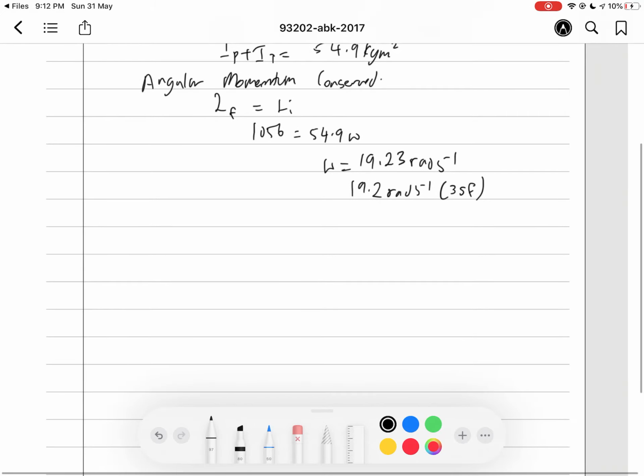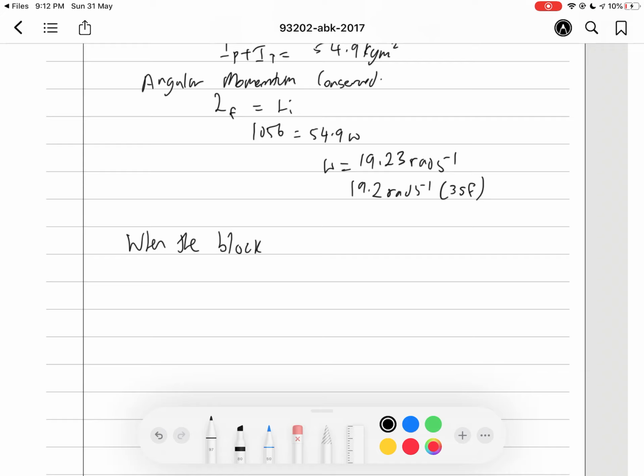Okay, so if we put that into words, we can say that when the block falls off the table, the block has its own angular momentum.